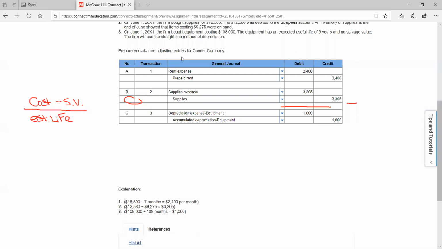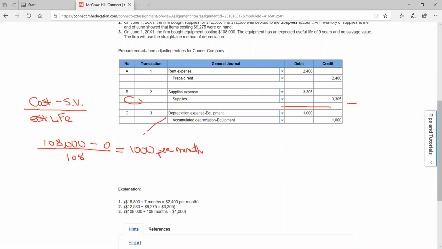So 9 years is 108 months. The cost, 108 minus 0, divided by 108 months, gives you right at $1,000 per month, which is your depreciation.